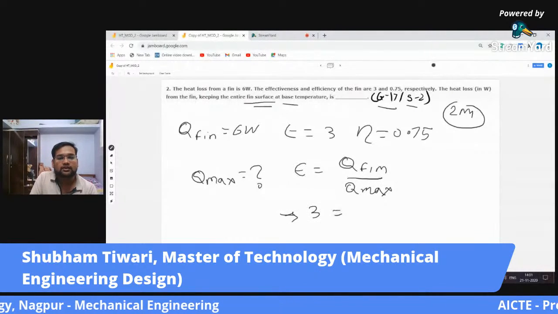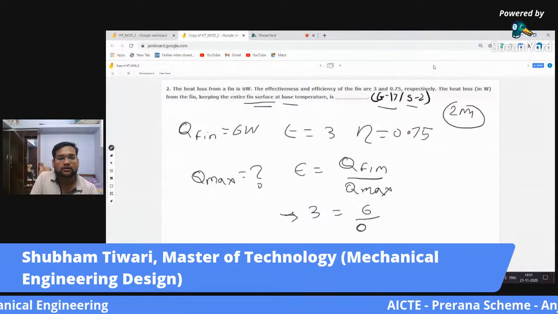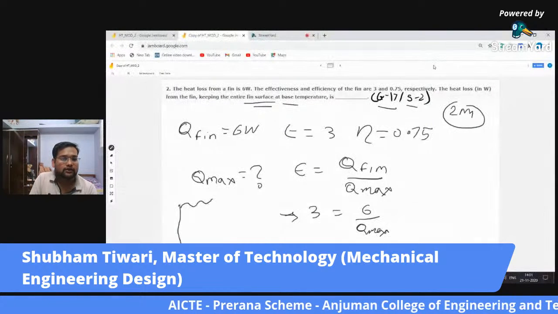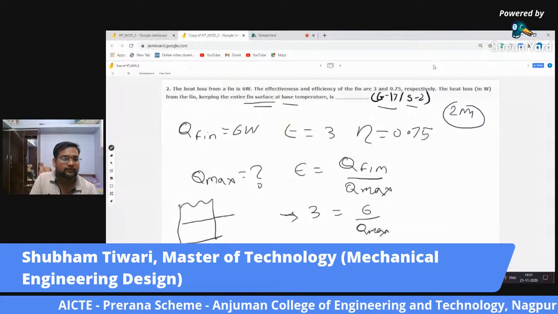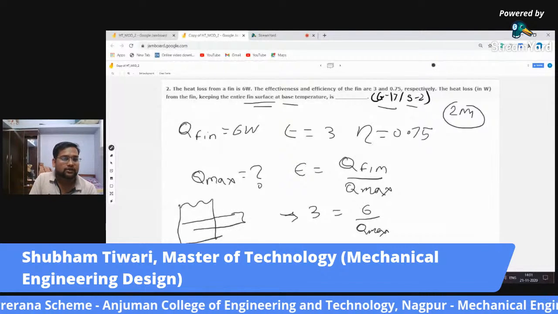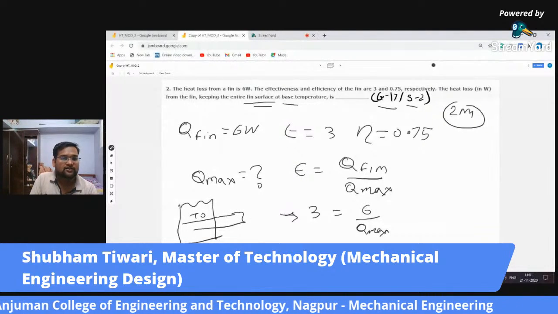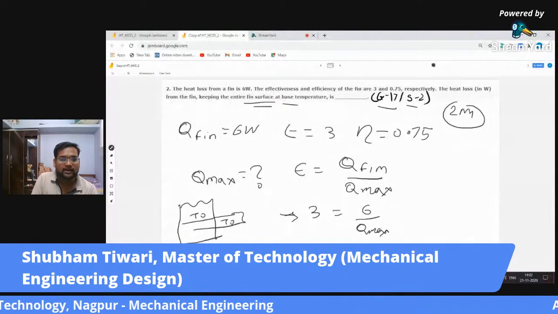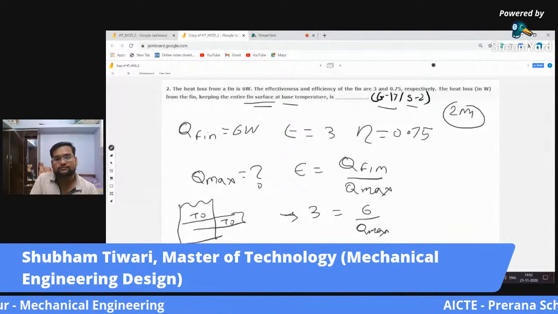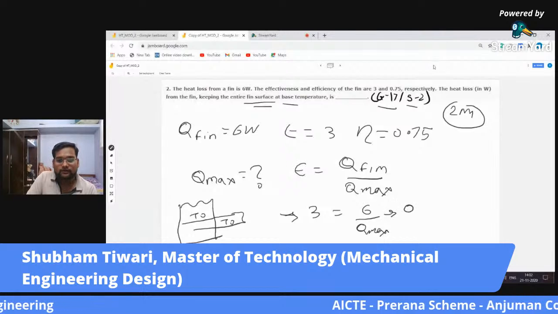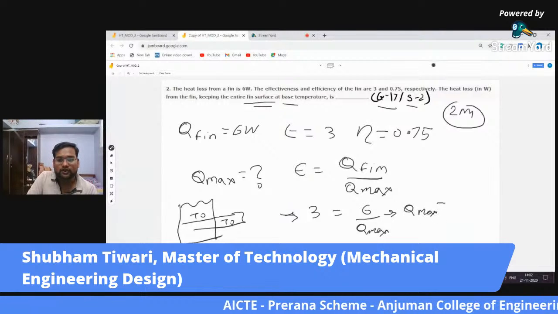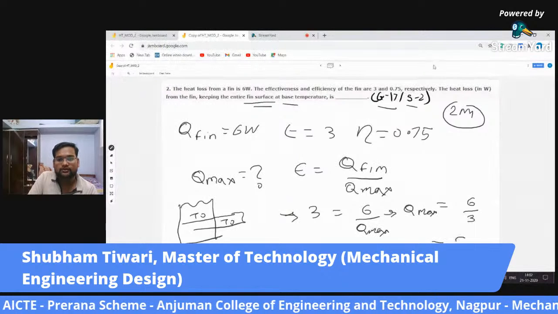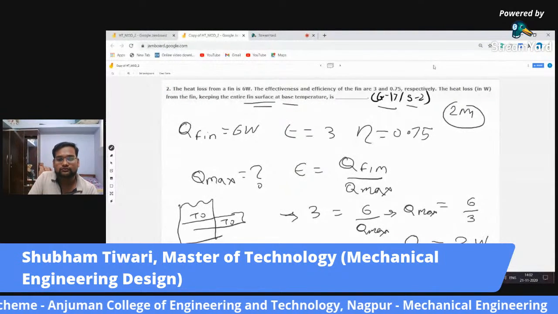So this is 3, Q fin is 6. Q max, I told you, is for when this fin, with root temperature T naught, is kept entirely at the temperature T naught. So Q max is what? 6 by 3, which is 2 watt.